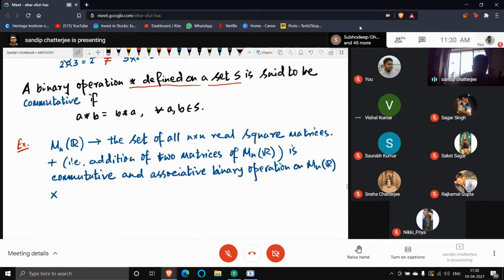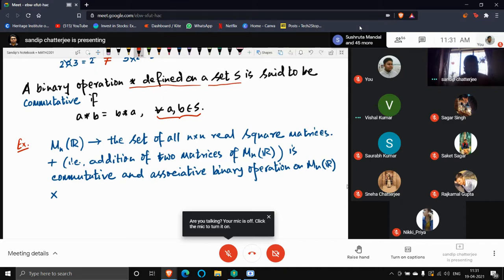For A, B, no. What is meant by commutative I have explained. This is for all A, B. For every element, I have told categorically that if this happens for every element, then we will say commutative. Just listen to what I'm saying. If it happens that for some element it is true and for some element it is not true, then we will not say it is commutative.